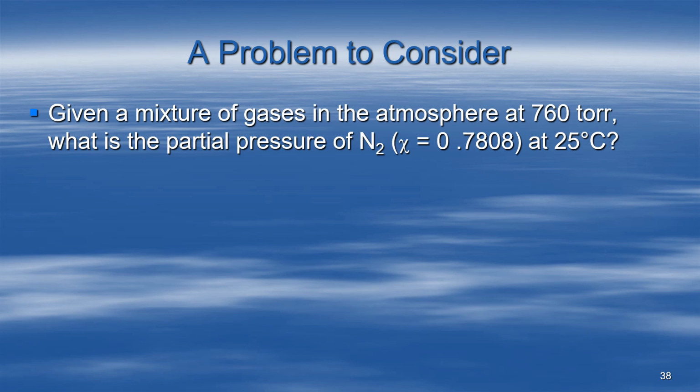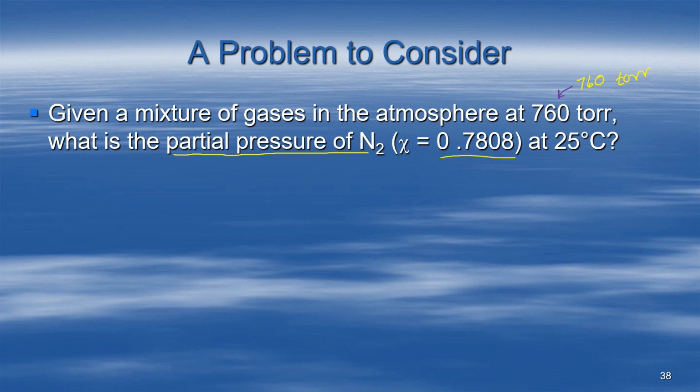All right, so let's do a simple example of that. Let's say we have a mixture of gases in the atmosphere. We're just going to do nitrogen, and we have lots of other gases that we're not worrying about. Our total pressure is 760 torr. What is the partial pressure of nitrogen if we know that the mole fraction of nitrogen is 0.7808?